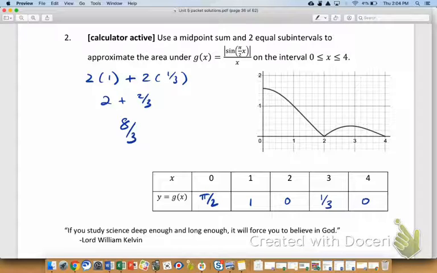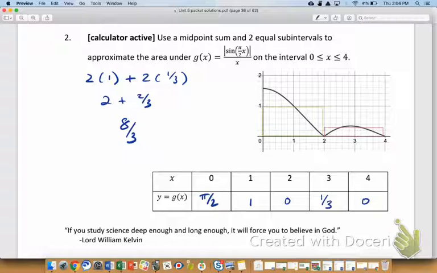Your midpoint rectangles would look like this green one and this red one would be right about there, approximately. Should maybe be a little bit taller on the red one. So then I got my table, and I got 8/3 for a final answer. Yes, good.